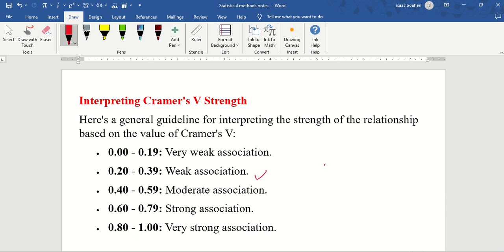Then here is somewhere moderate. If it is between these, then there is strong. Then here is very strong. But if it is exactly 1, we use the word perfect association. And if it is exactly 0, then there is no association. So that is it.